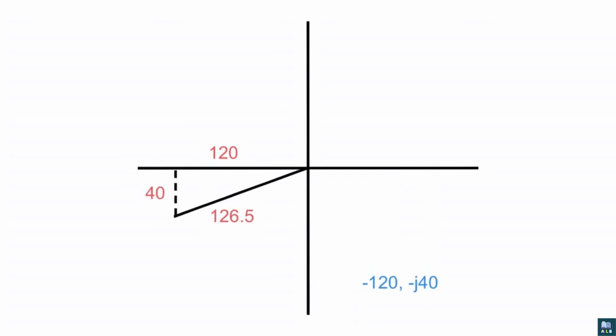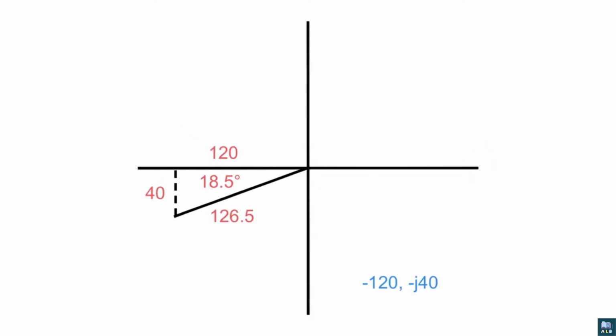So again, we're getting there. Now we just need to figure out what this angle is. Again, using cos, I'll go 120 divided by 126.5 and inverse cos that, and I get an angle of 18.5 degrees. Now again, we are in the 3rd quadrant. I can't say it's 126.5 at 18.5 degrees, because then you'd think I'm talking about the 1st quadrant. In the last one we went 180 minus the angle.